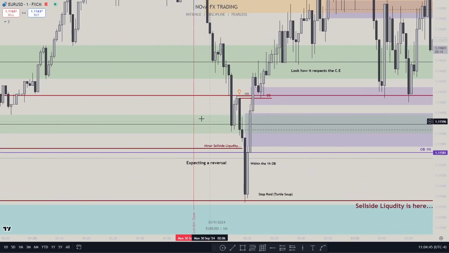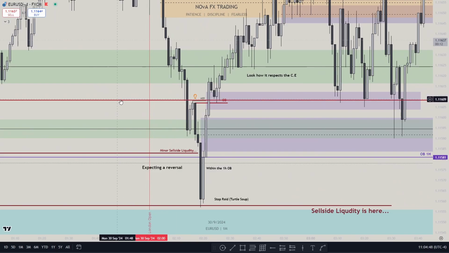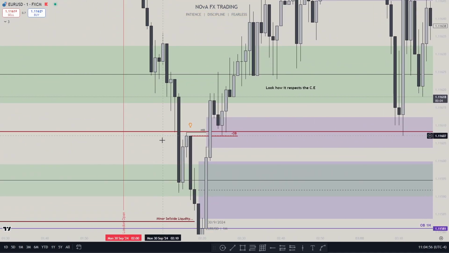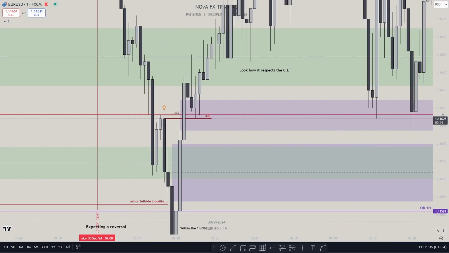When we entered this line right there, we can expect some kind of reversals. And we can see how this order block line is holding the price here. It went up above, tapped it, and came down again.